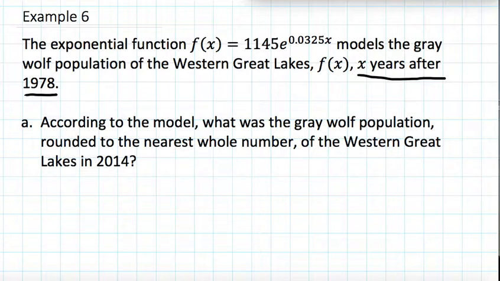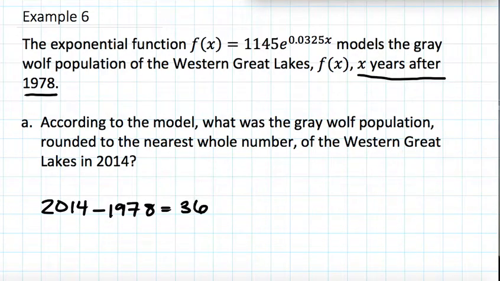X is the number of years after 1978. So if I want the population in 2014, I need to subtract 2014 minus 1978. It tells me that 2014 was 36 years after 1978. So 36 is what I plug in for x.